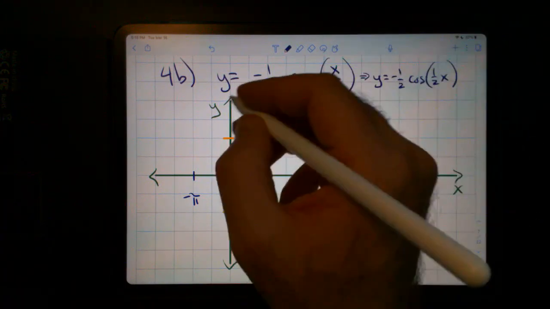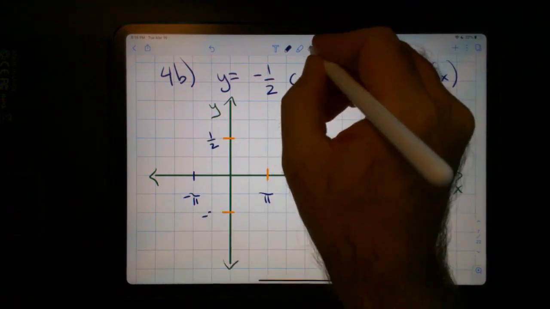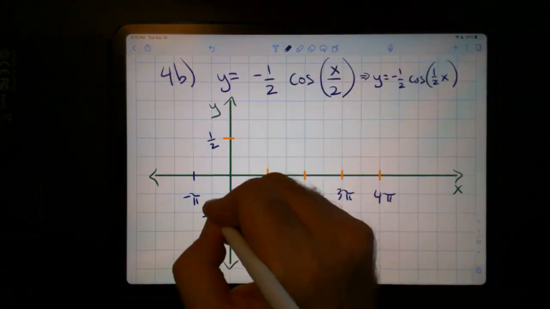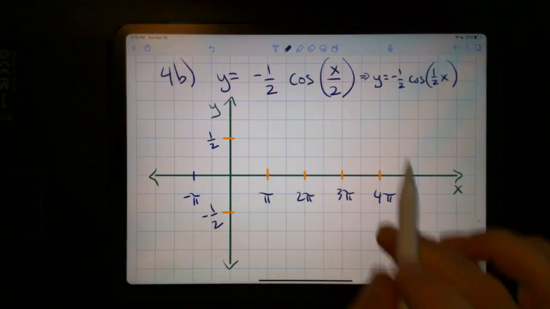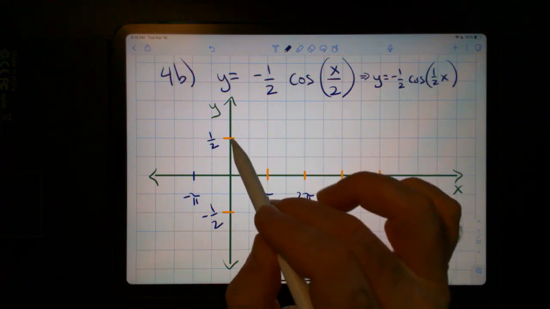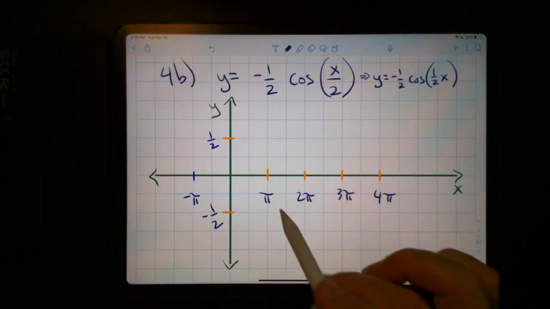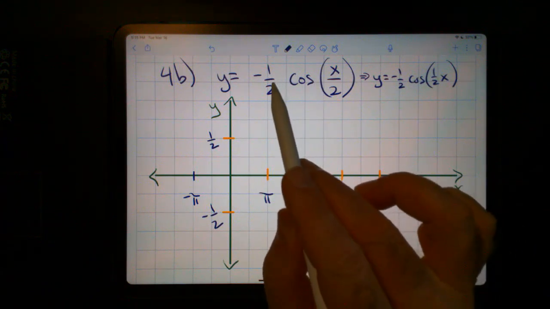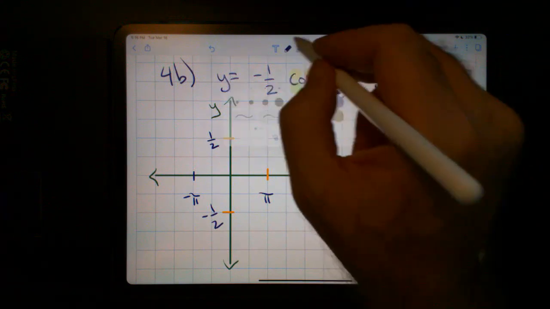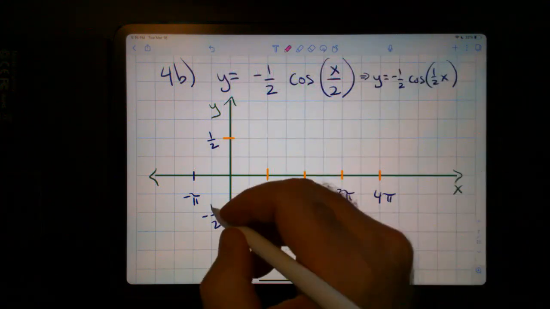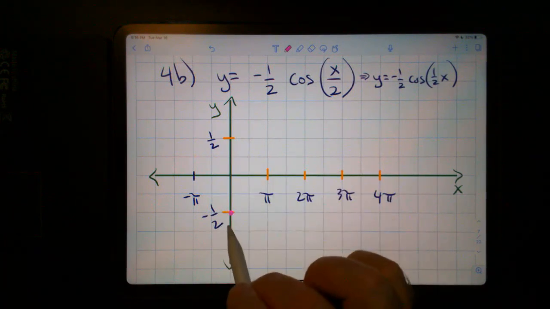And so if you want, you can mark this as 1/2 up and 1/2 down. Okay, now a regular cosine is going to start from here, down, and around. This is negative, and so it's going to be reflexive about the x-axis. And so our points are going to start at negative 1/2 instead of positive 1/2.